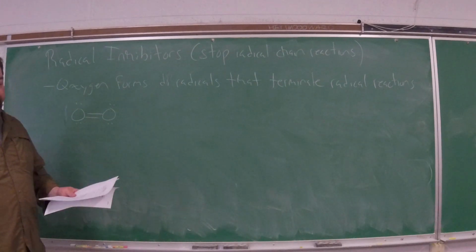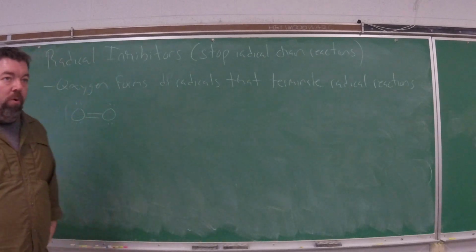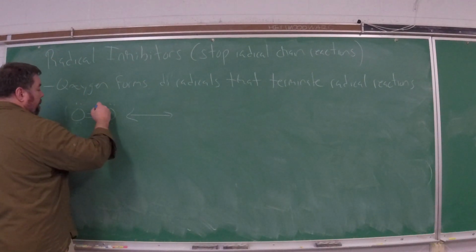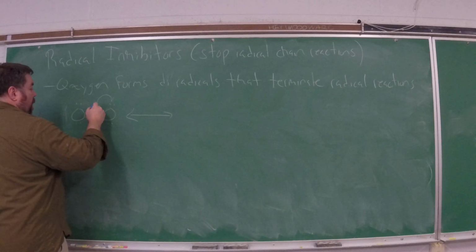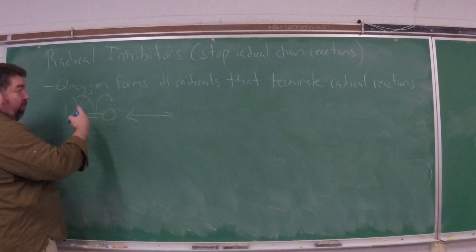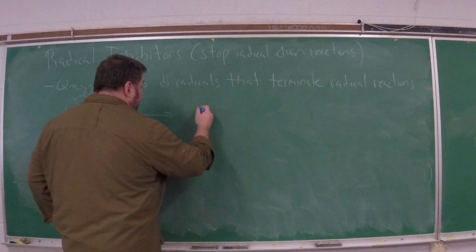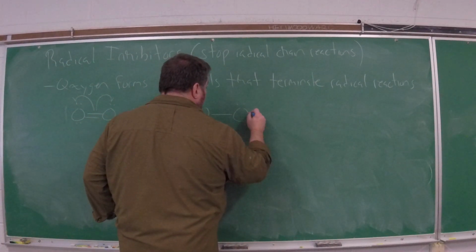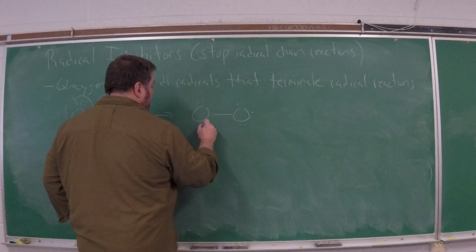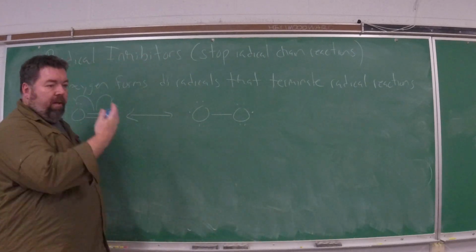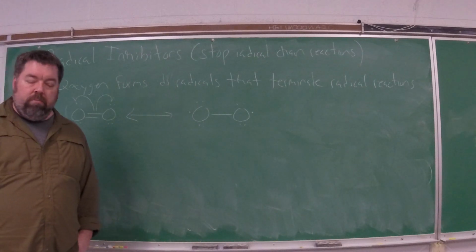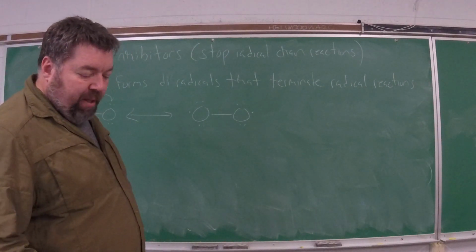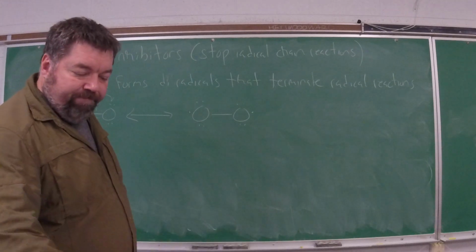So there's your structure for O2, right? Well, we can have this in the form of a diradical. Break your double bond and form two radicals, thus diradical. Like that. And so that's an inhibitor. As a result, radical chain reactions won't occur rapidly in the presence of oxygen.